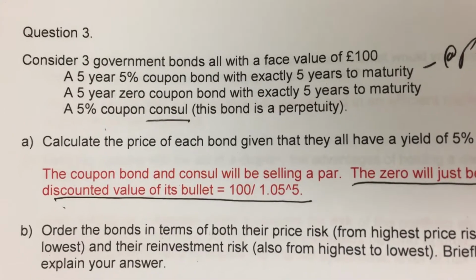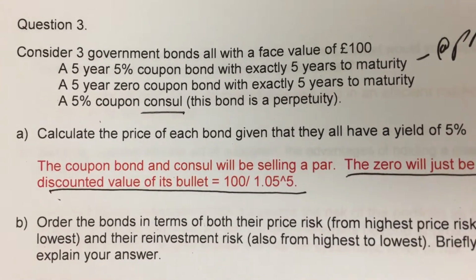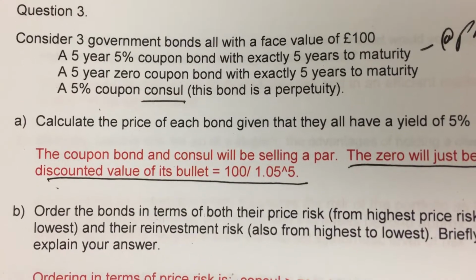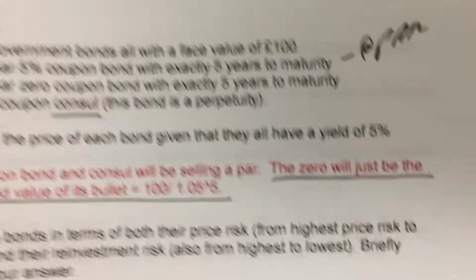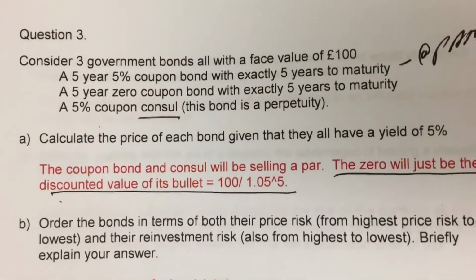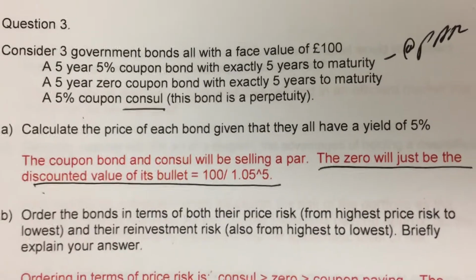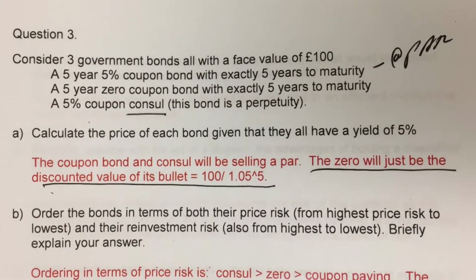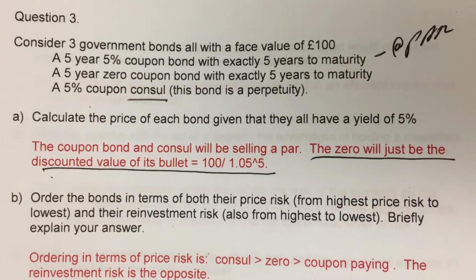Now since the yield to maturity on this bond is 5%, and the yield to maturity equals the coupon rate, this is a par value bond, and this bond will be selling today at $100, which is the same amount that one will get for face value 5 years hence.